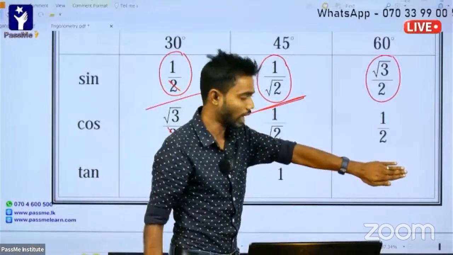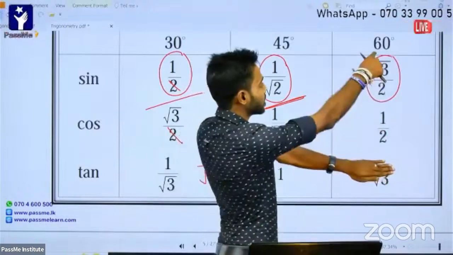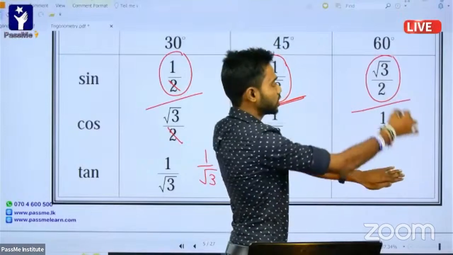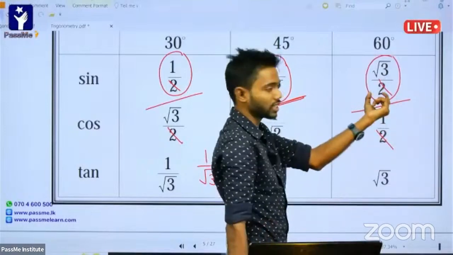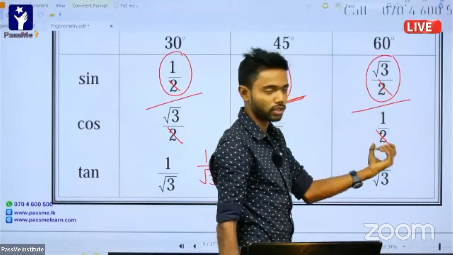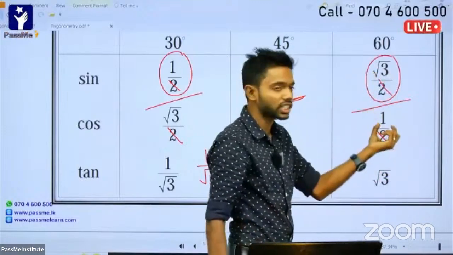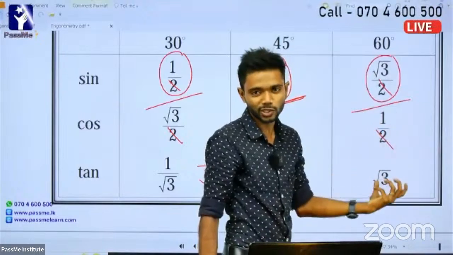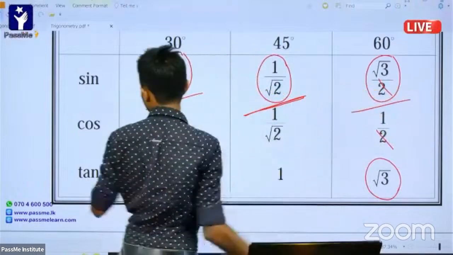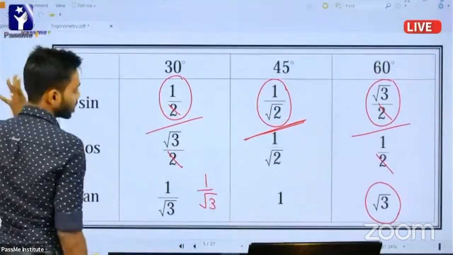You divide sine 60 by cos 60. The 2s will cancel out because this is the number at the bottom and here also the bottom. So these are cancelled out. Root 3 divided by 1, that is root 3. So that's how you generate this kind of a table without remembering all the things.